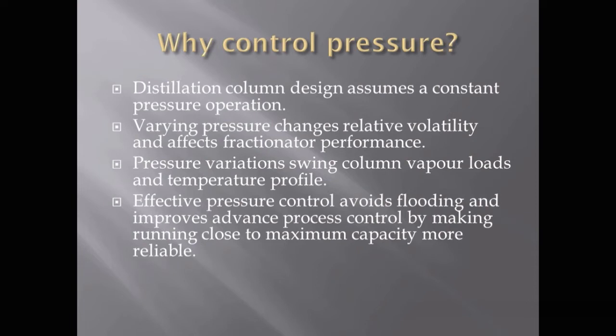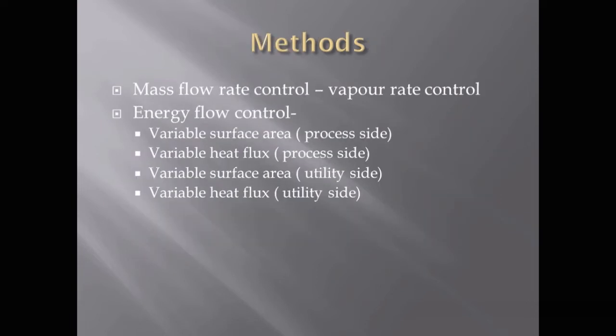The pressure control methods can be categorized basically into two. One, by changing the mass flow rate, that's the vapor rate control, and number two is the energy flow control. This includes varying the surface area, varying the heat flux, varying the surface area of the utility, varying the heat flux on the utility side.